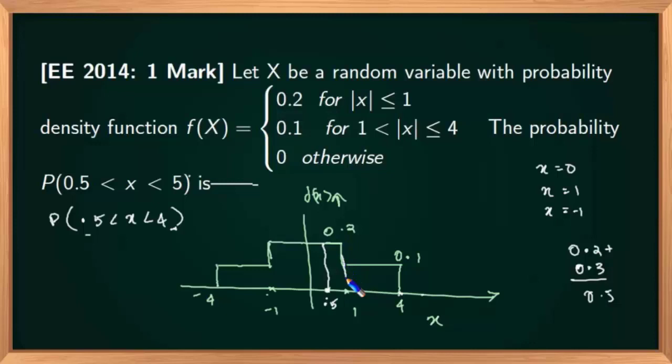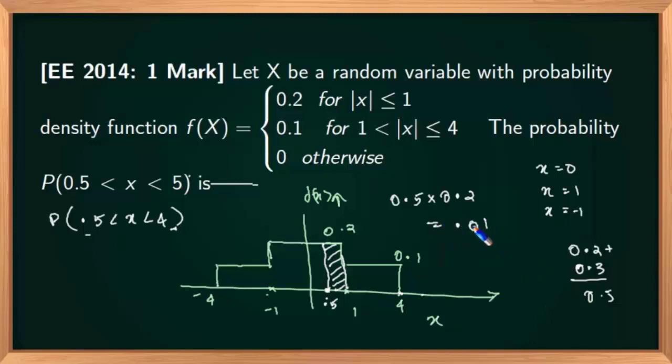So this area, same as the way I calculated the total area, I can just break it down. So this length is 1 by 2 or 0.5, so 0.5 into 0.2. So this area will be 0.5 into 0.2, which is 0.1.